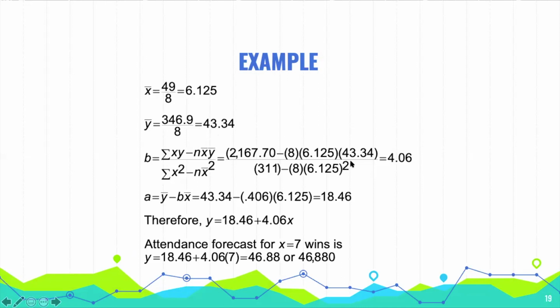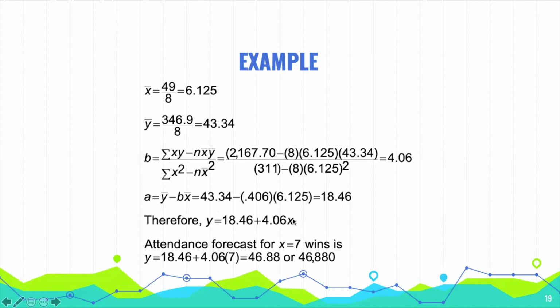In the formula, y is equals to a plus bx. You do not need to memorize the formula. We will do it in Excel later. So we got 4.06. And the intercept of the line is 18.46. When we substitute it in the formula, therefore y is equal to 18.46 plus 4.06x.